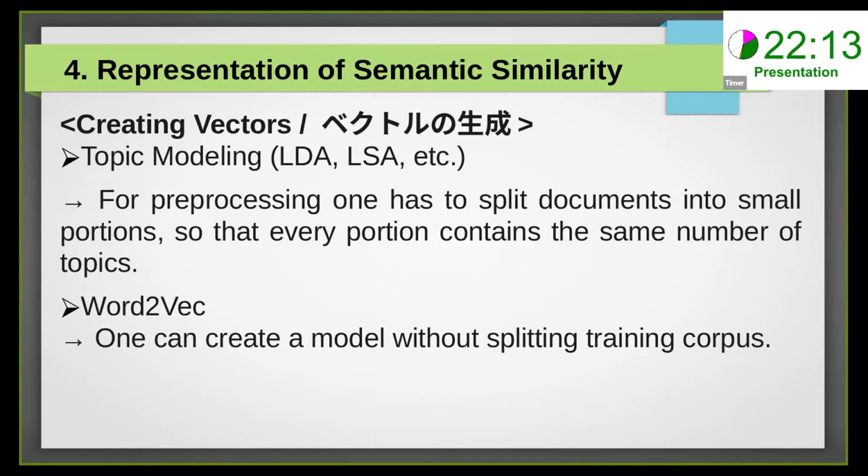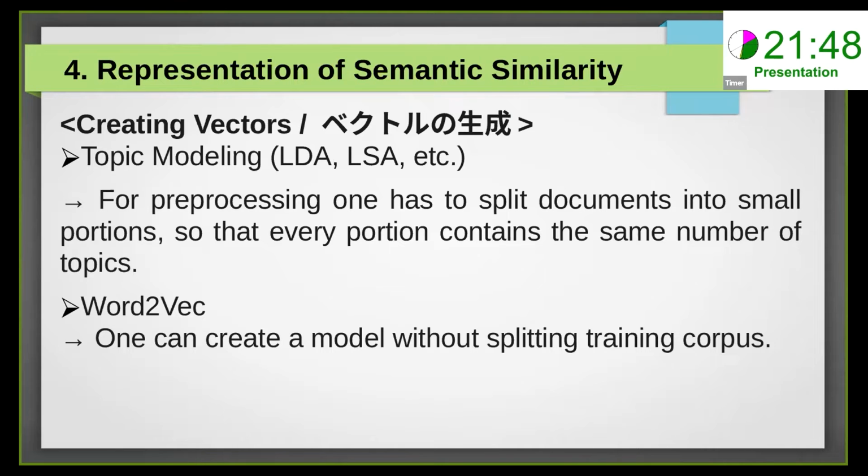LDA stands for latent Dirichlet allocation, and LSA stands for latent semantic analysis. And their names indicate they serve to detect the latent or hidden topics that you cannot directly find in the documents.